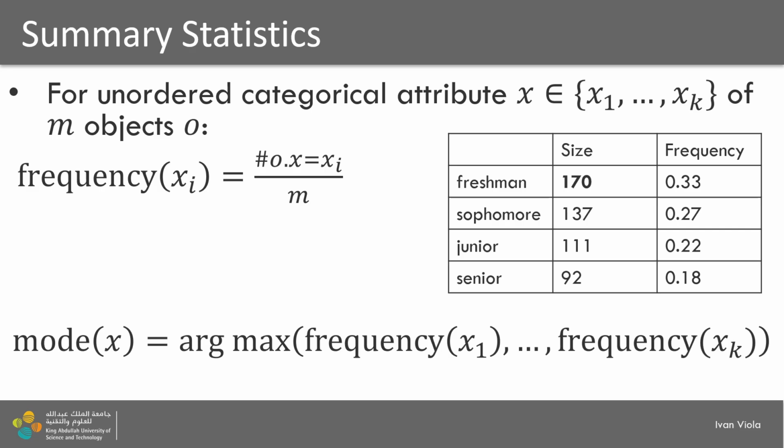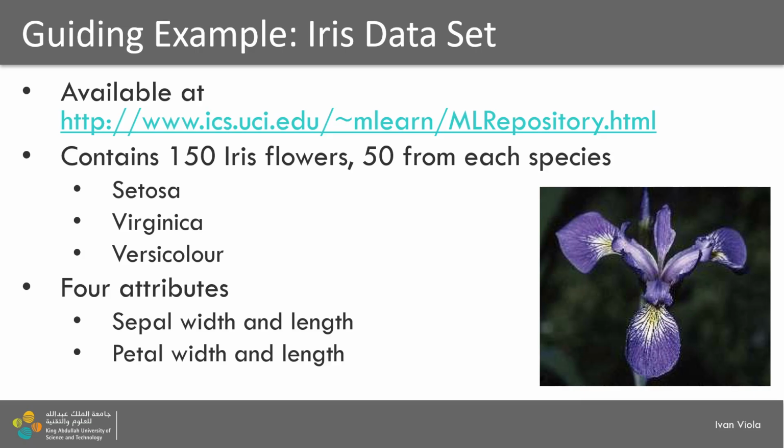We will be looking at deeper insights from summary statistics methods next. Before that, let me shortly introduce one data set we will be talking about quite often in this class, and that is the IRIS data set, which you can download from this academic website. It contains just 150 entries of iris flowers characterized by 4 attributes: sepal length, sepal width, petal length, and petal width.